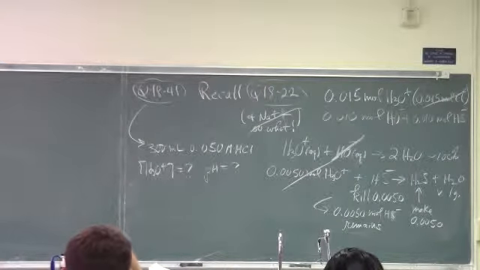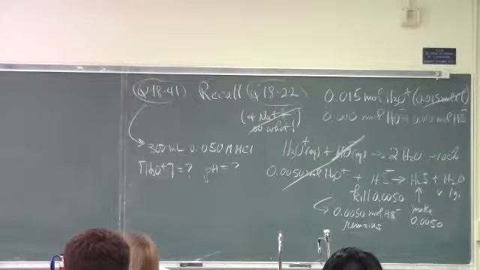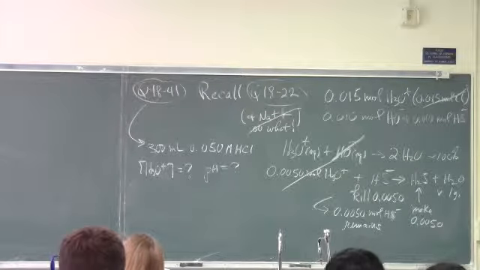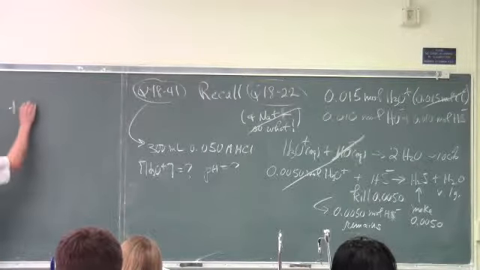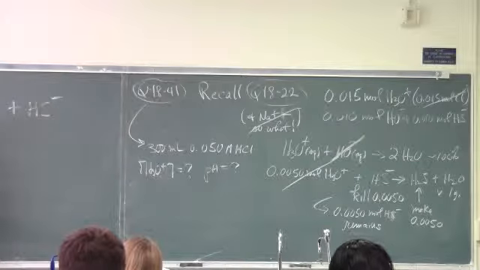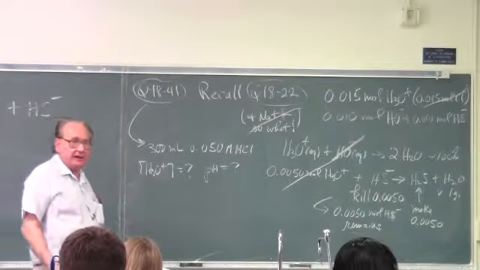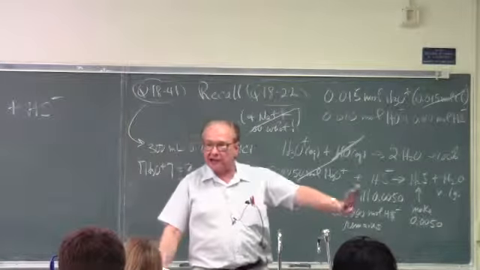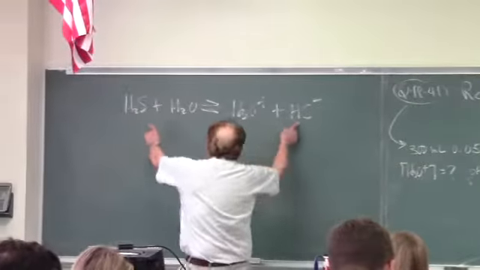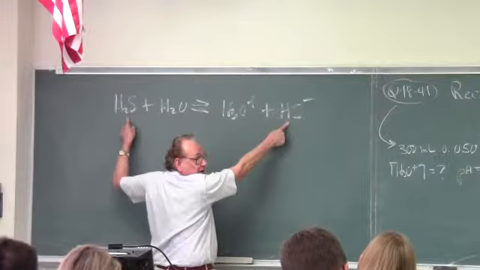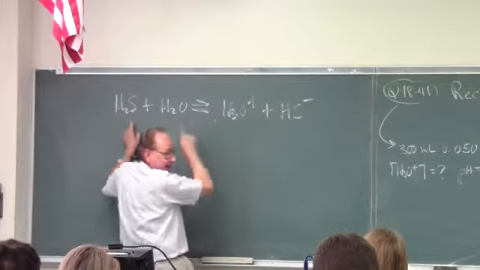What reaction would you like to write to get at pH? How about this? You see how this reaction equation just gets us exactly where we need to be? Because this reaction equation contains both principal system species and hydronium ion.